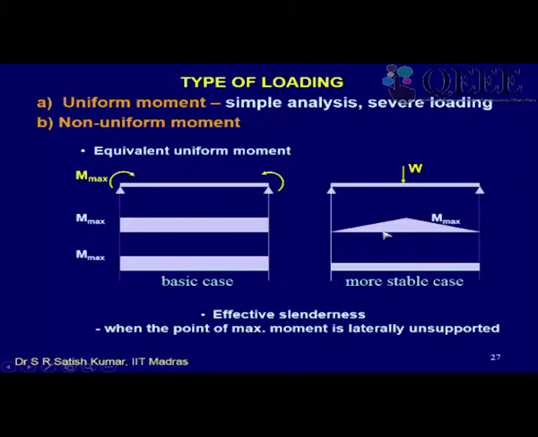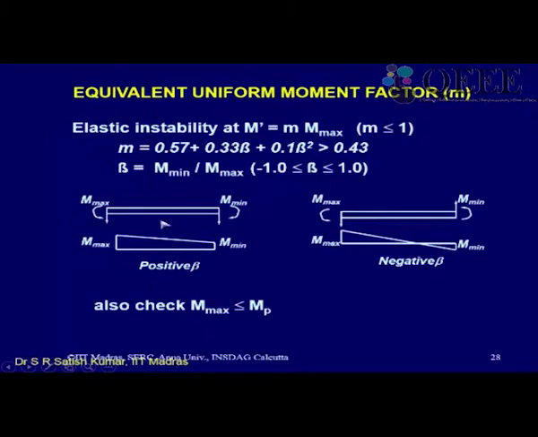So what we are doing is we are calling the equivalent uniform moment small m times M max, which will be the average equivalent uniform moment for a basic case, at which this basic case and this non-standard case will buckle at the same M critical. Okay, so that is what the code tries to do. It gives you the equivalent uniform moments for different load cases. Okay, so one simple equation looks like this.